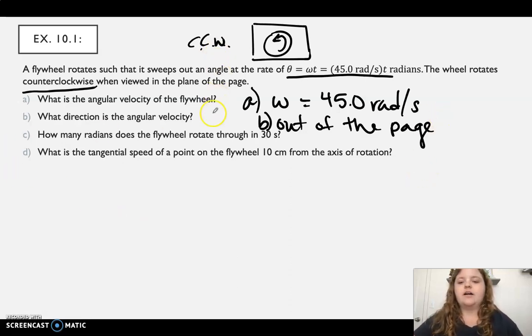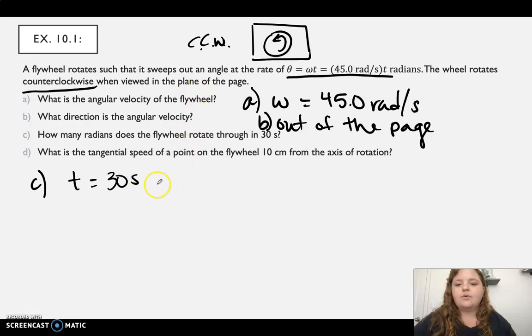All right. Then we want to know how many radians the flywheel rotates through in 30 seconds. So we have time is equal to 30 seconds. We have theta is equal to omega t.